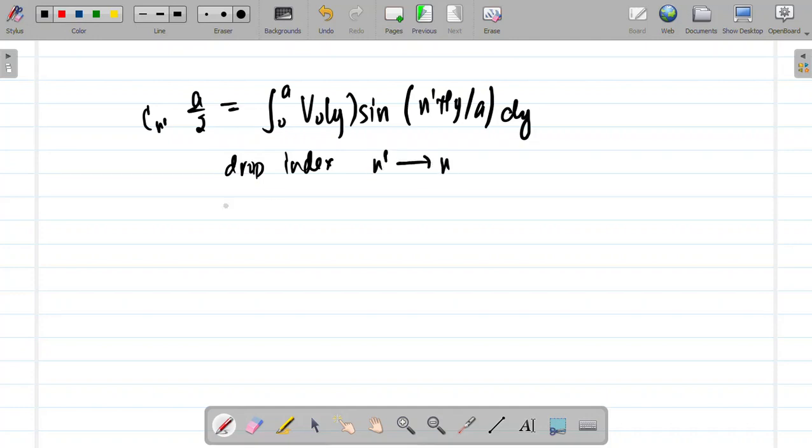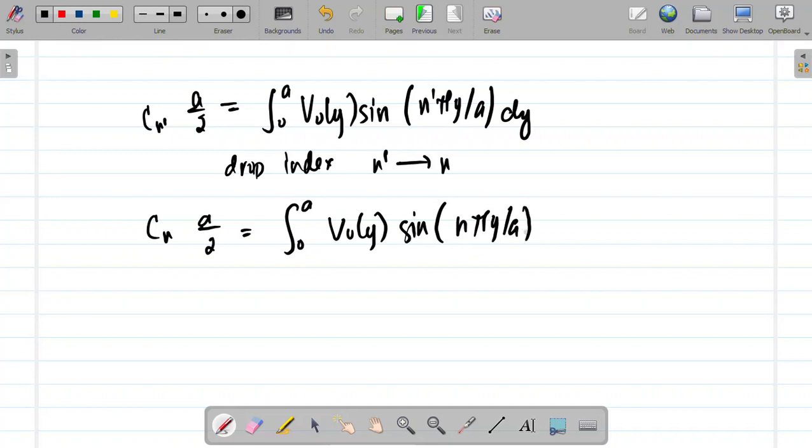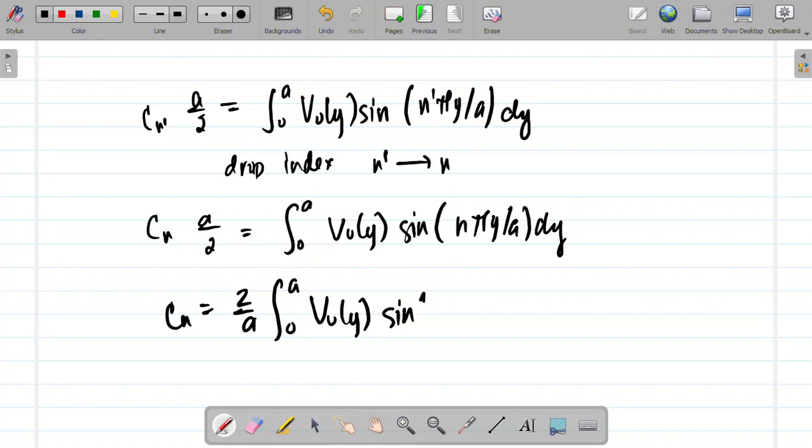Balik tayo sa n. So, we have Cn a over 2 equals integral 0 to a v naught of y sin n pi y over a dy. Therefore, Cn now equals 2 over a integral 0 to a v naught of y sin n pi y over a dy.